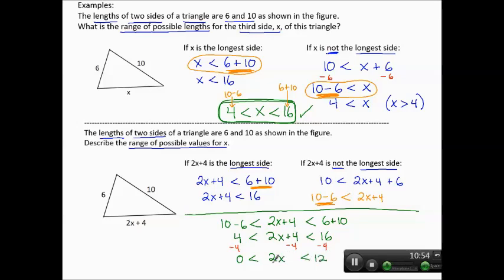And finally, make the 2 go away from the x, divide all parts by 2, and that leaves us with 0 is less than x is less than 6. These are all the possible values of x, or the range of possible values for x.